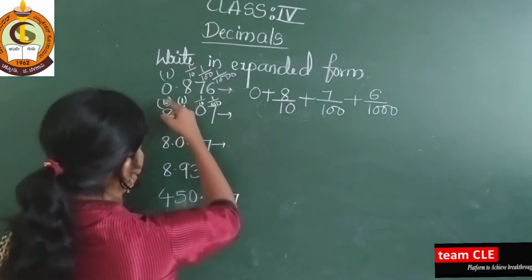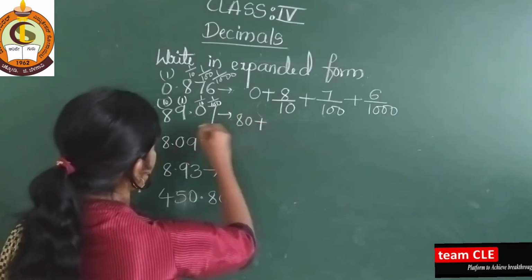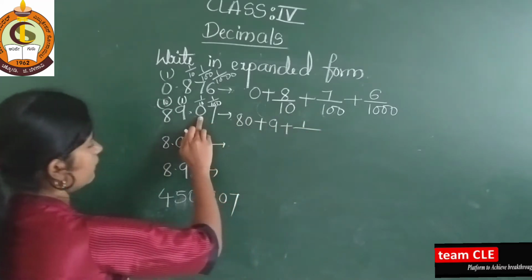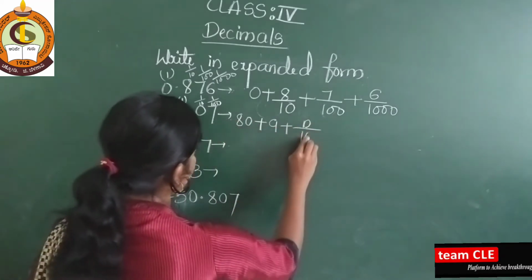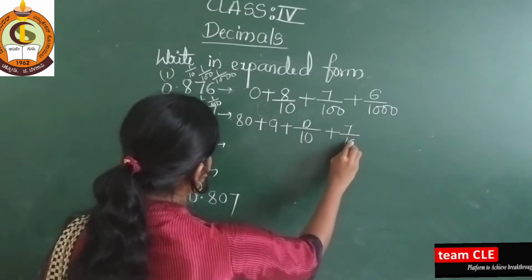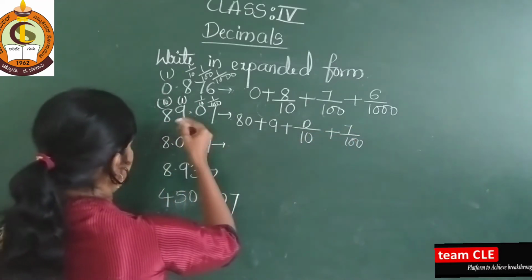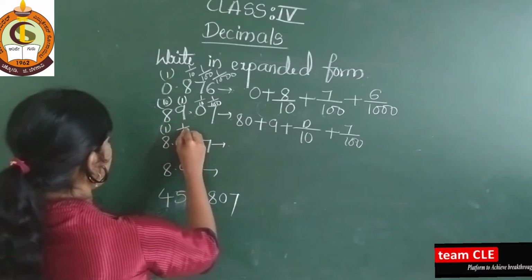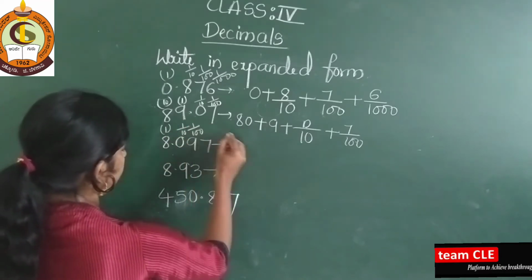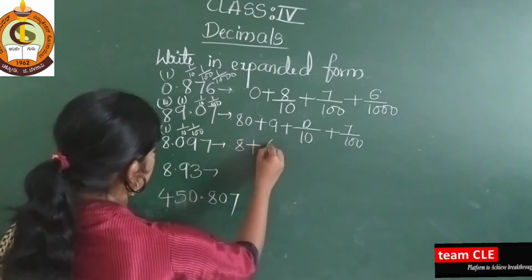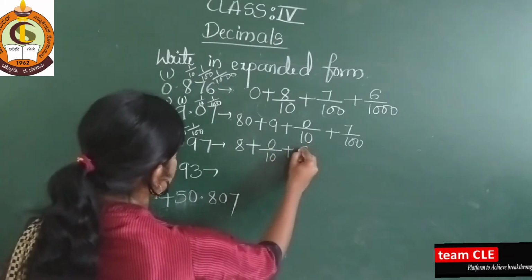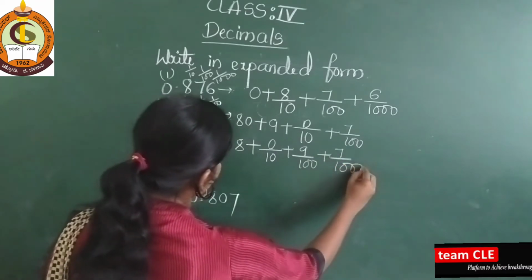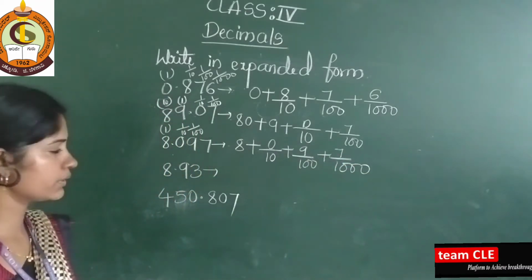So right here 8 tens means it is 80, 9 ones means 9, plus 0 by 10 plus 7 by 100. Next take here 8 tens, and here 1 by 10, 1 by 100. 8 ones means 8 plus 0 by 10 plus 9 by 100 plus 7 by 1000. Keep the place value chart in your mind.